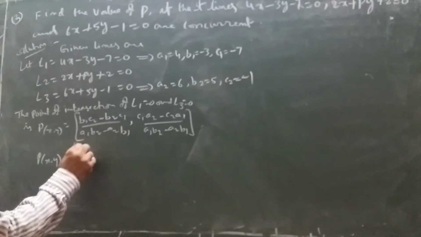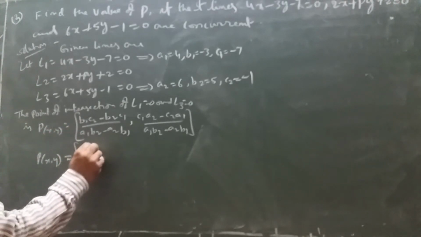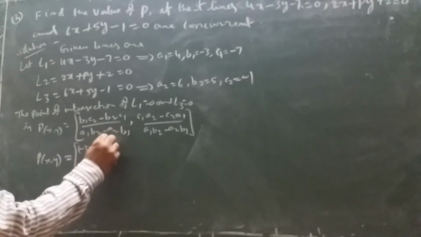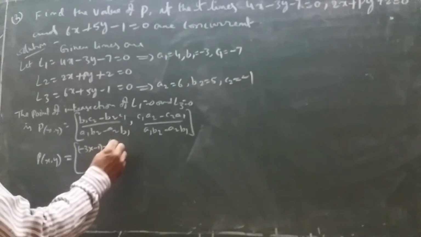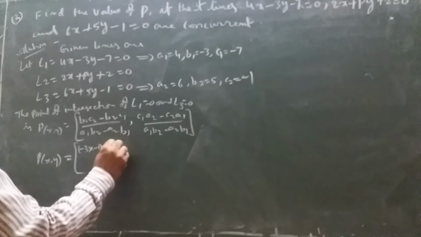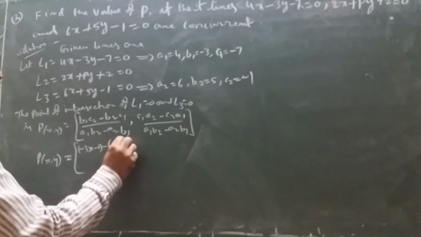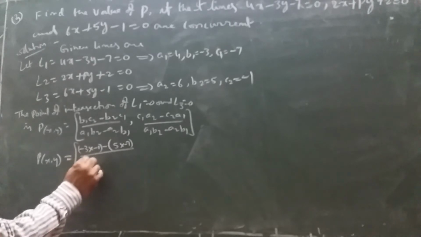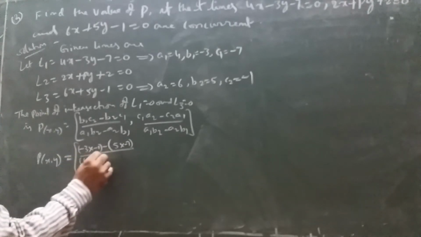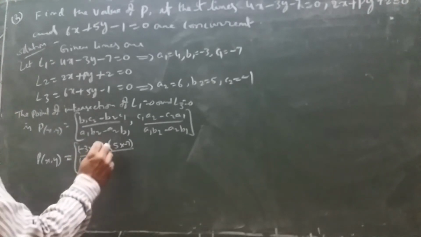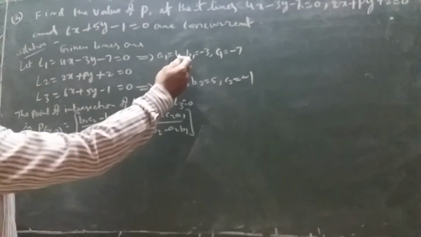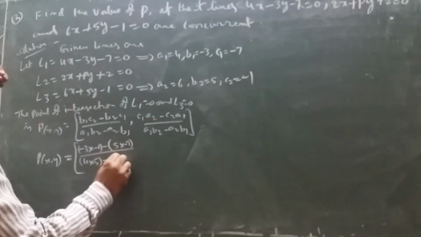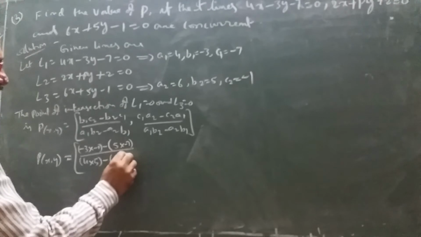Minus 3 into C2, minus 1, minus of B2 C1. What is B2? 5 into C1, that means minus 7, by A1 B2, 4 into 5, minus A2 B1. What is A2? 6 into B1, that means minus 3.